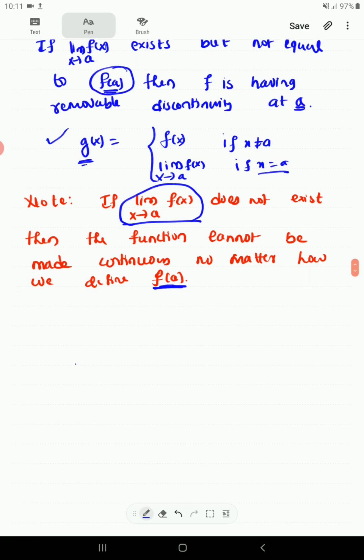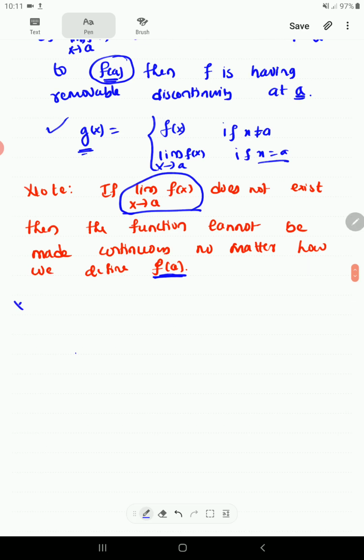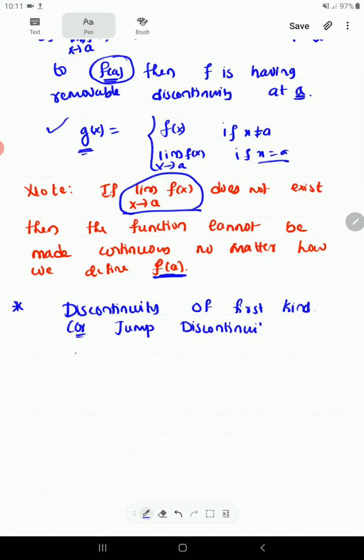That is very important. Now the second type of discontinuity is the discontinuity of the first kind. It is also called a jump discontinuity. How do we define this?